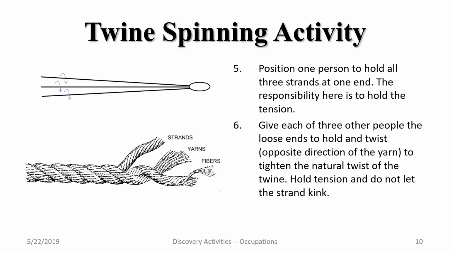Give each of 3 other people the loose ends to hold and twist. Remember, opposite direction of the yarn to tighten the natural twist of the twine. They may wish to tie it to a stick to make turning the strand easier. Hold tension and do not let the strand kink.